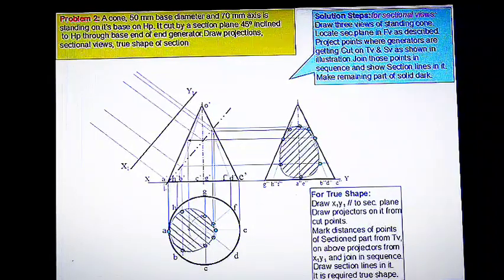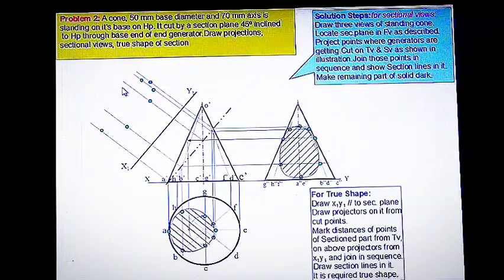So, for example, here we can see point A is this much distance away from the xy line. So, copy this distance, take this distance and mark it on this line to get the particular point A. Similarly, this point can be copied to here. This point B and H can be copied on this line, and this point G can be copied from here.